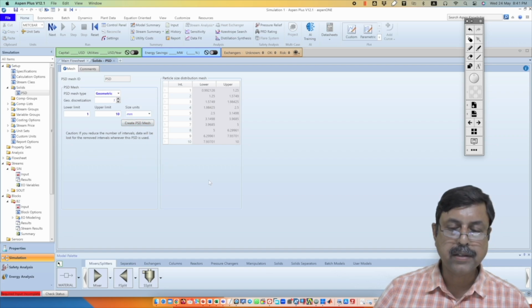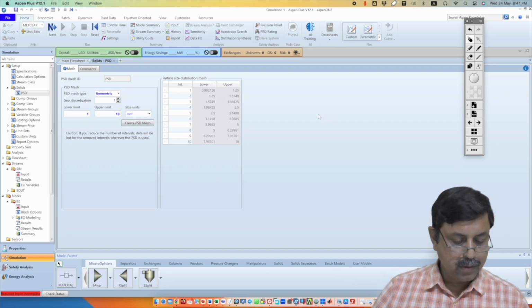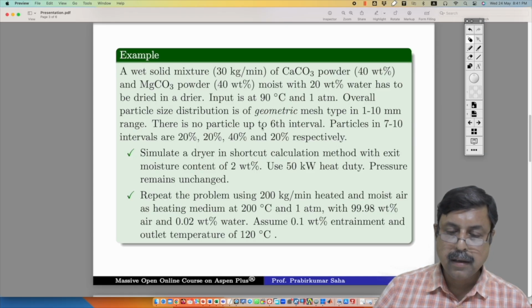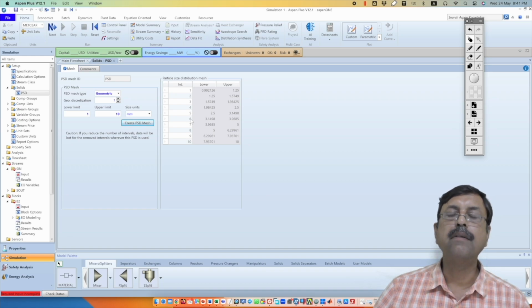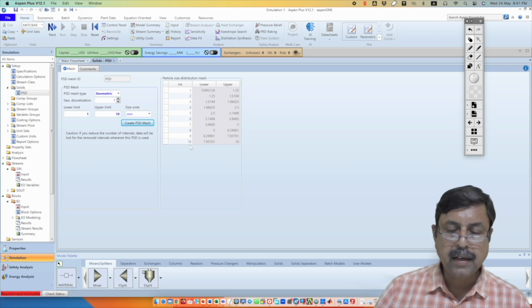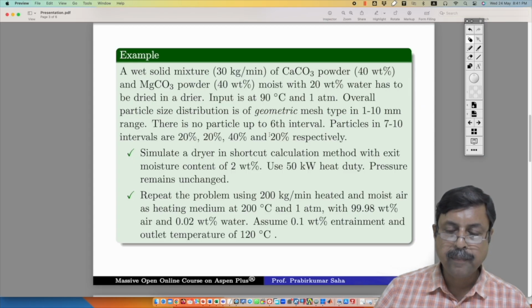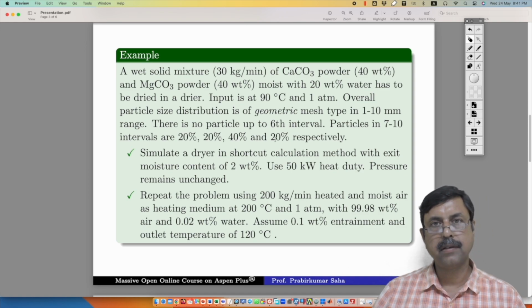So create the PSD mesh. And then there is no particle up to the 6th interval. So 1, 2, 3, 4, 5, 6, there is no particle up to this interval, so we don't bother about it. 7, 8, 9, 10, these intervals will have 20%, 20%, 40% and 20%.